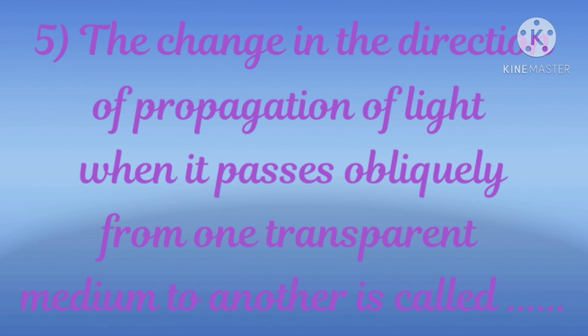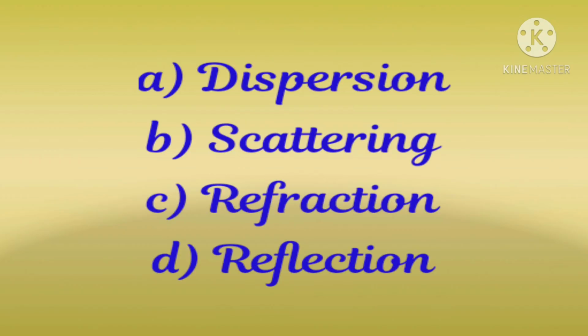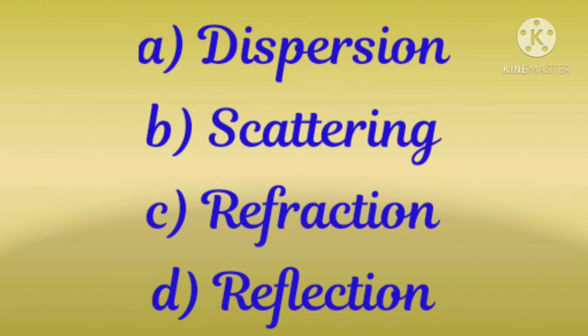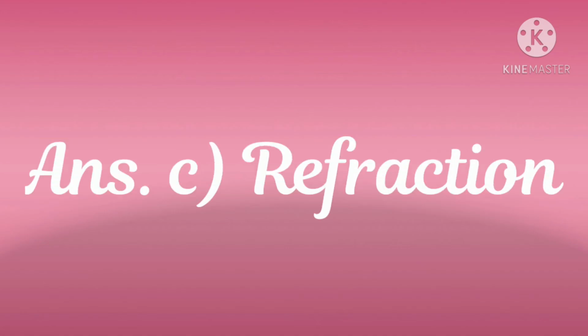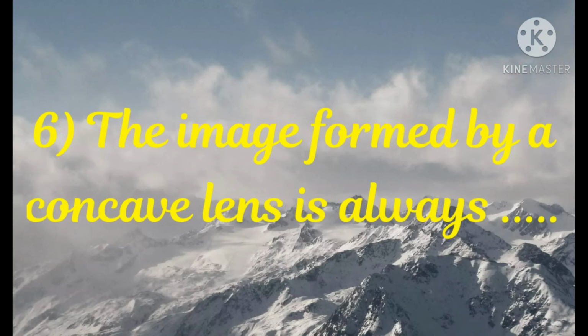5. The change in the direction of propagation of light when it passes obliquely from one transparent medium to another is called dash. The options are A. Dispersion, B. Scattering, C. Refraction and D. Reflection. The correct answer for this question is option C. Refraction. 6.